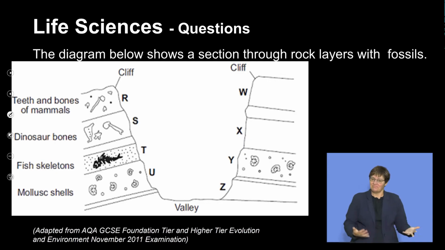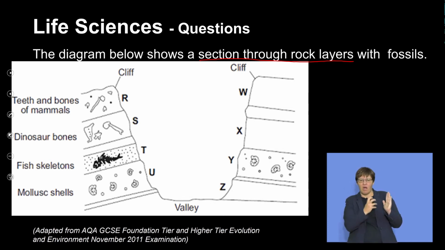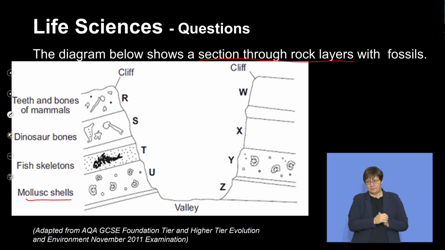Let's have a look at another type of question that can be asked. In this diagram, you are shown a section through rock layers with different types of fossils like dinosaur bones, fish, mollusks, things like that. And these are on the side of a valley.